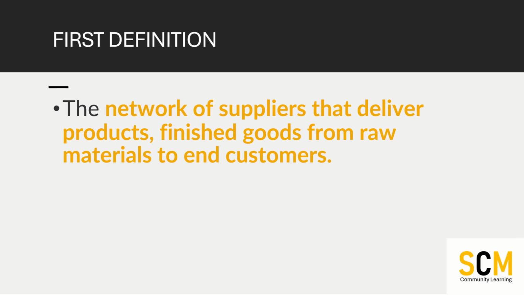The first definition we can find is that supply chain management, or SCM, is the network of supplies that deliver products, finished goods from raw materials to the end customers. That's the first definition, but obviously we have a lot of definitions because this strategy has been in the market for a long time.